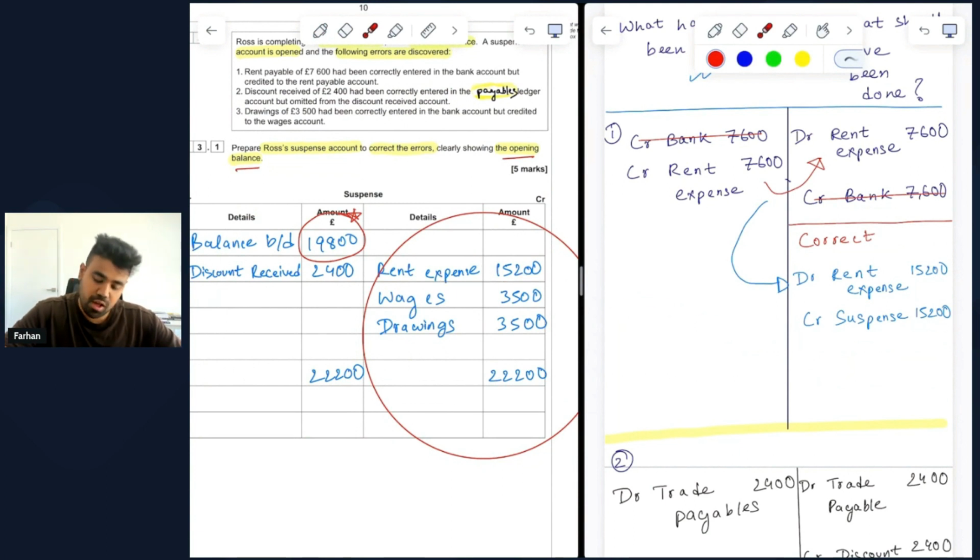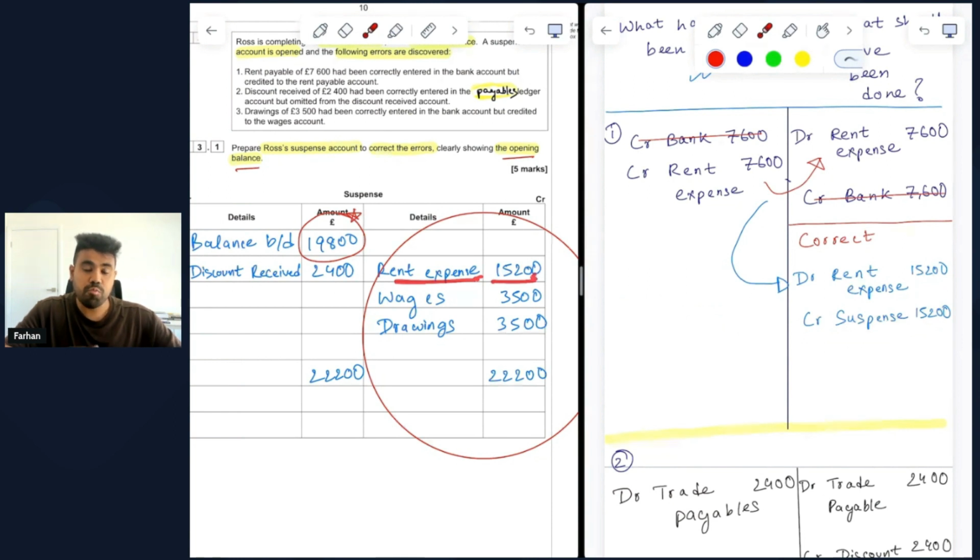And that simply comes from the fact that when we had to correct it, we had to credit suspense by £15,200, and that £15,200 came into existence because of rent expense, and that is the description we write here: rent expense on the credit side of the suspense account with an amount of £15,200.